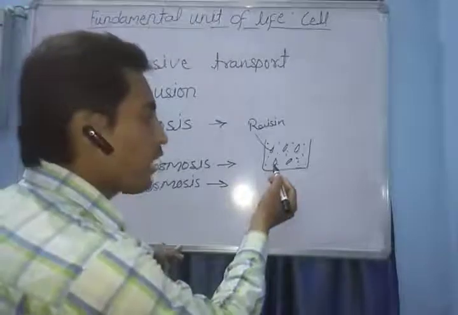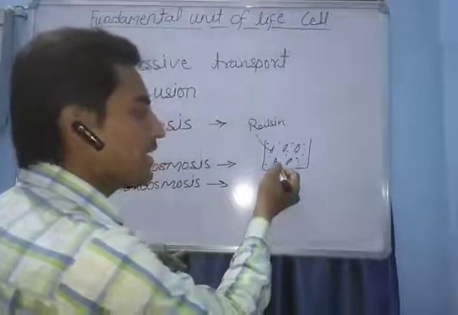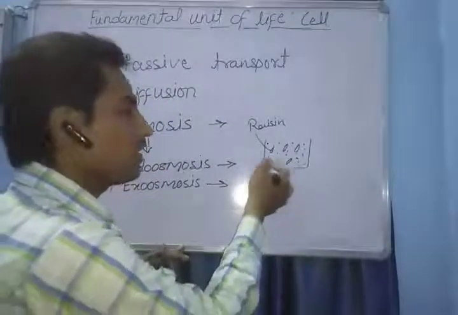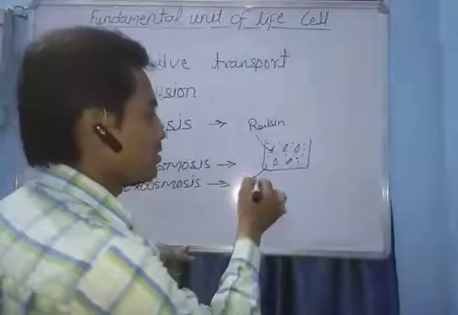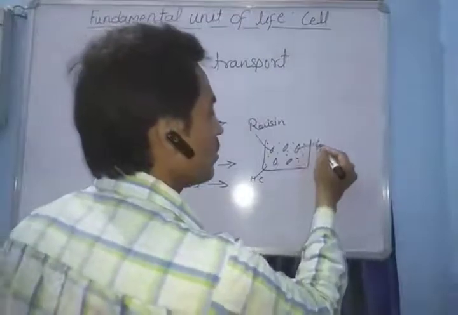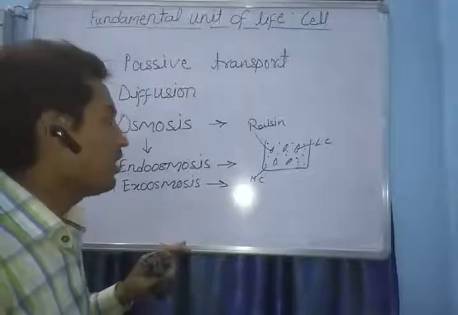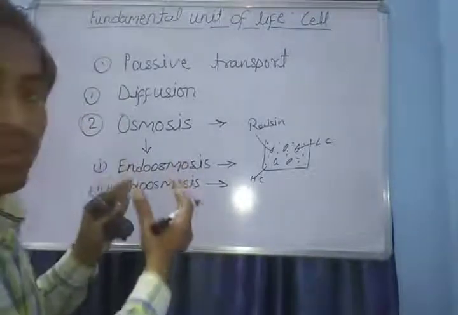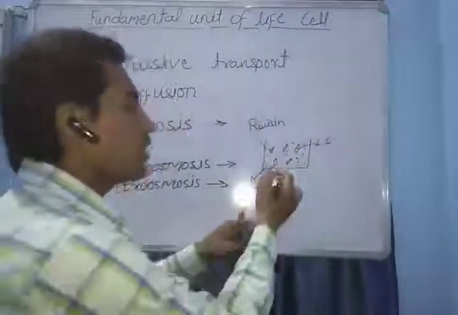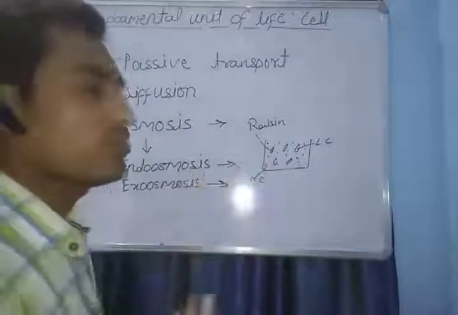They absorb water, because the concentration of water is very low inside the raisin and very high in the beaker. As water moves from higher concentration to lower concentration, water moves inside it. This is the example of endo-osmosis.